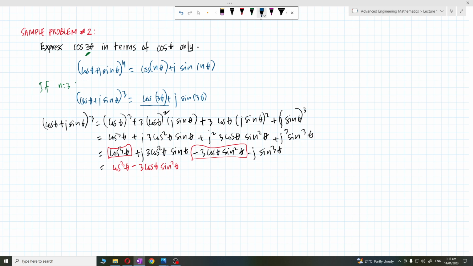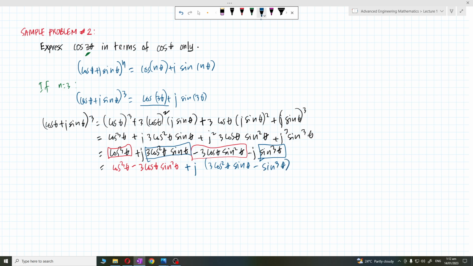Whereas the imaginary parts here are 3 cosine squared theta sine theta and then sine cube theta. So that is plus quantity 3 cos squared theta sine theta minus sine cube theta.